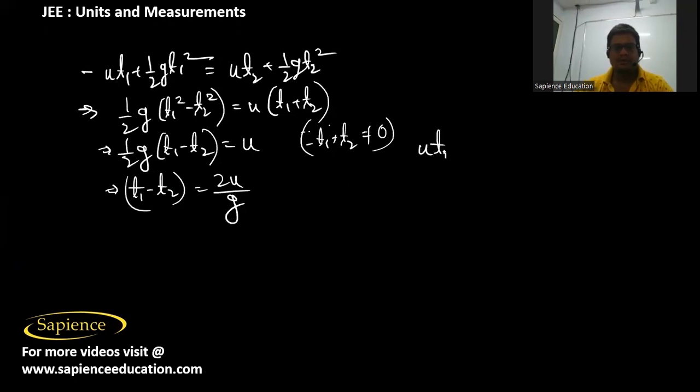So here we got ut2 plus half g t2 square, that is equal to h.